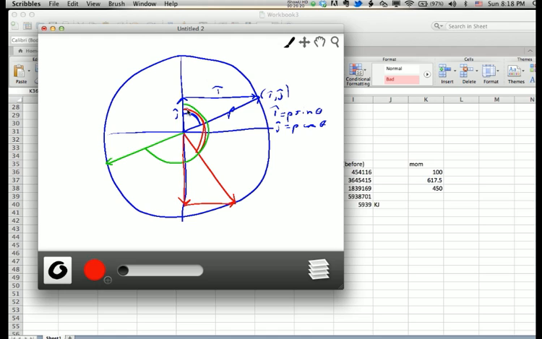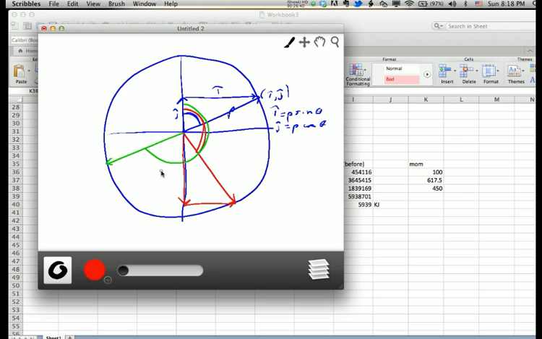Even though I'm taking the sine of this big angle, the I hat is going to be my X value, and my J hat is going to be my Y value. So that'll work no matter which of these angles I'm taking the sine of to get my I hat.